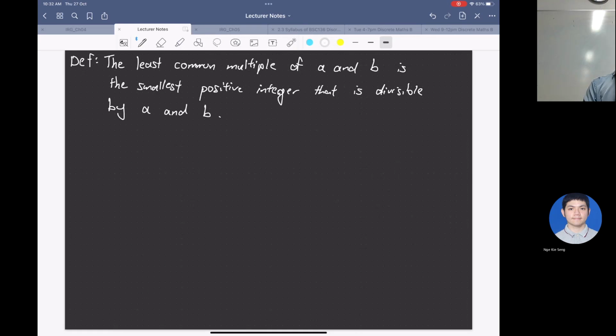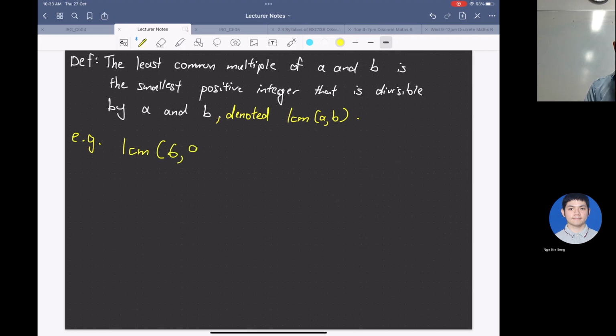So okay, denoted by LCM. No worry if you don't get the definition. Let's see the example. For example, LCM of, what number do you want? Pick a number. 6 and 9.